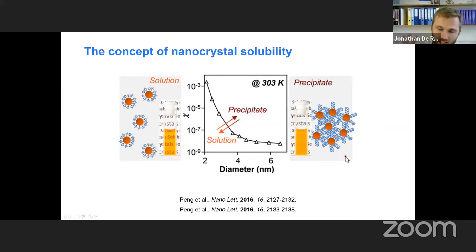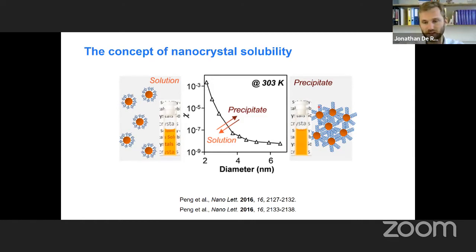So what characterizes this precipitated state? In the precipitated state, the ligands are ordered. They are nicely crystallized. And so you can think here about, let's say, octadecylphosphonic acid as a ligand, so a long saturated chain.